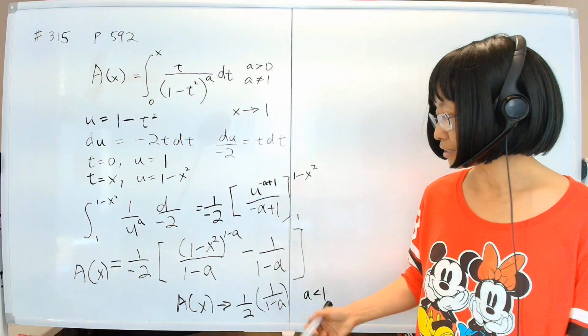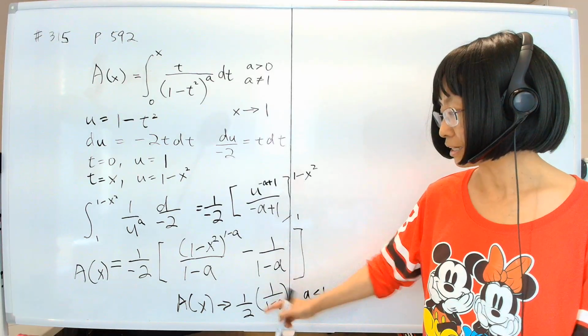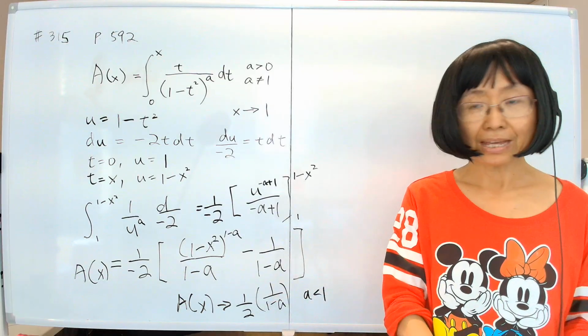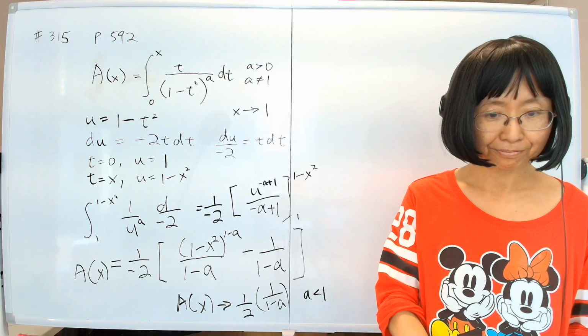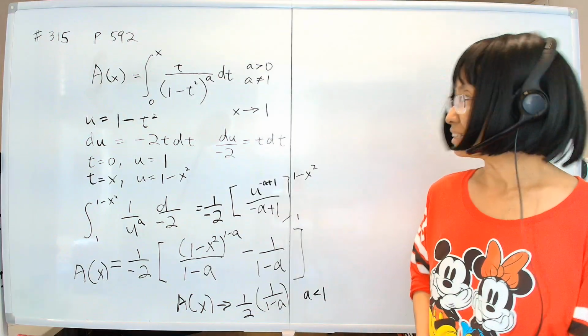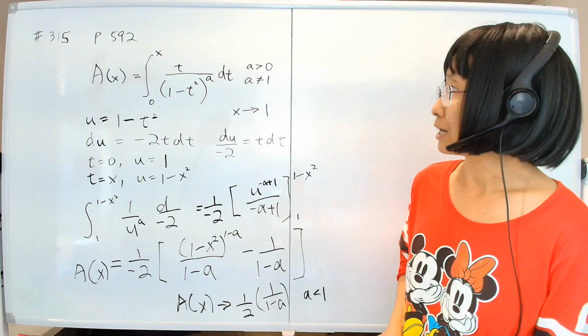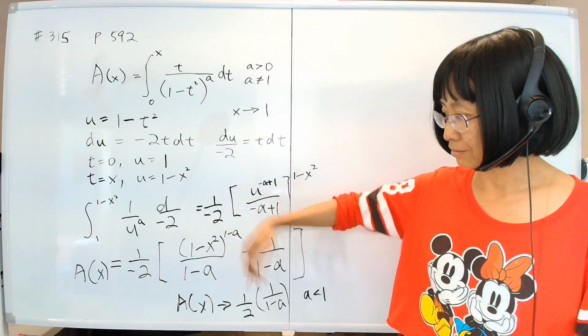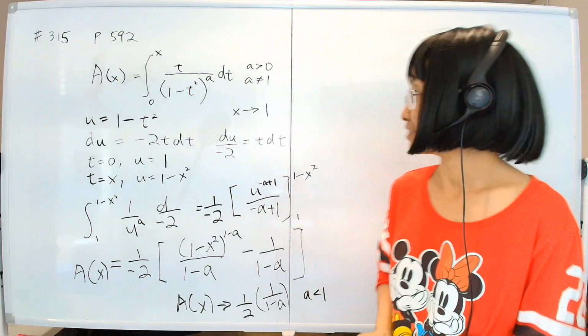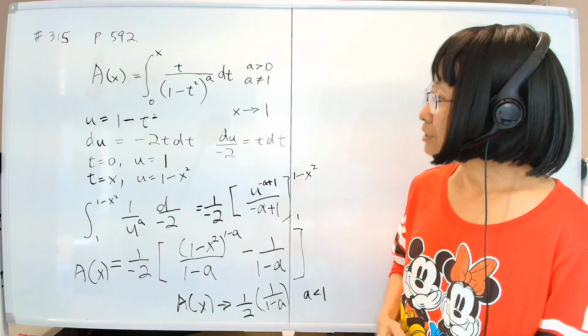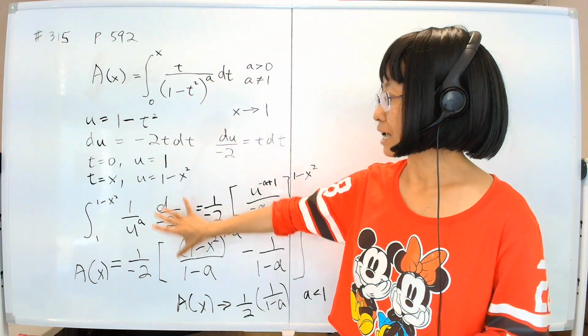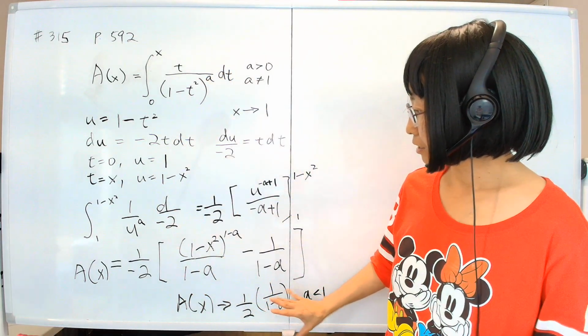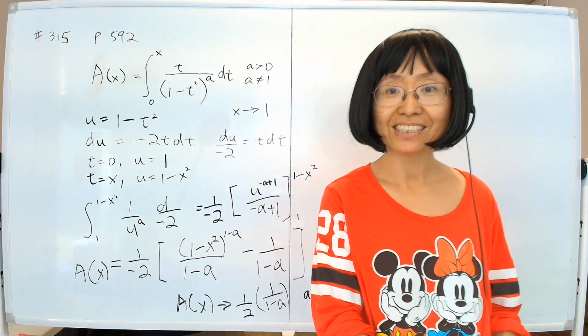So I think it goes to infinity if a is bigger than 1. But that detail is not that exciting for us because we're doing integration, not whether this thing is diverging or converging. So mostly what we need to focus on is how to do the integration, and that's about it. So that marks the end of this section.